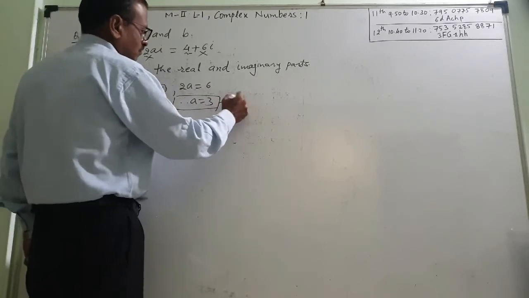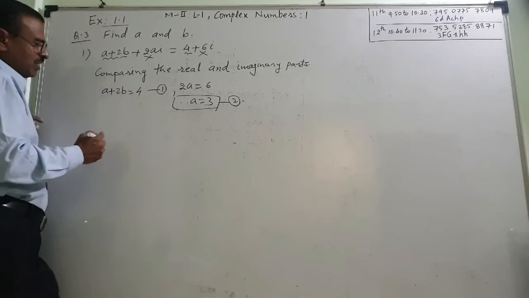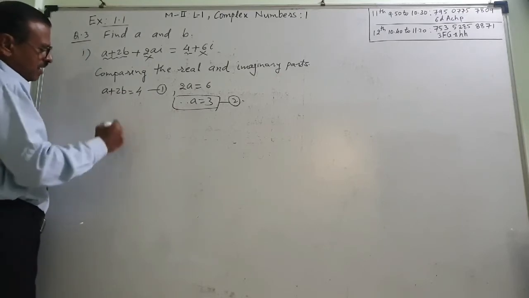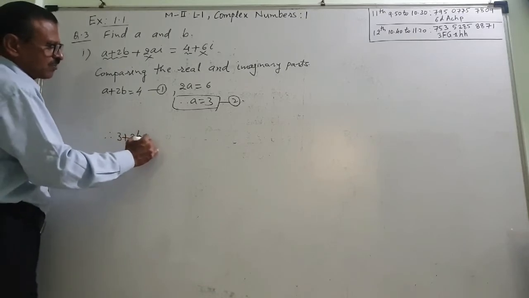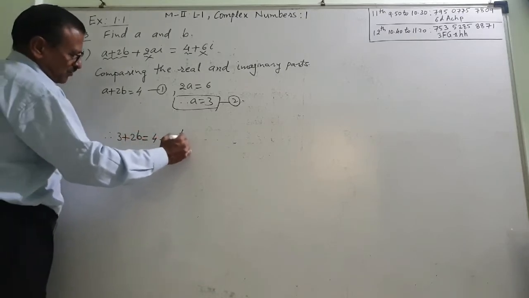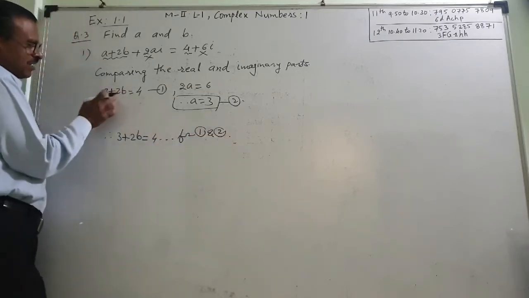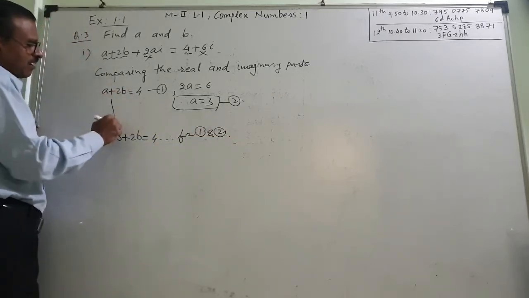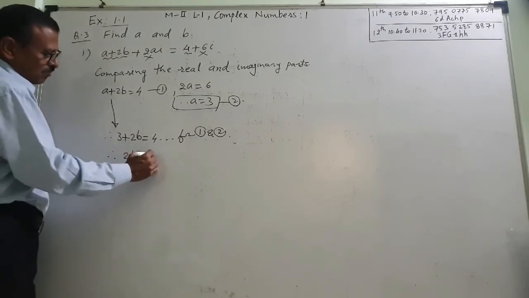This is your 2. From 1 and 2, I will put a equal to 3. Therefore, 3 plus 2b is equal to 4. I have substituted the value of a in this way. Therefore, 2b equal to 4 minus 3.